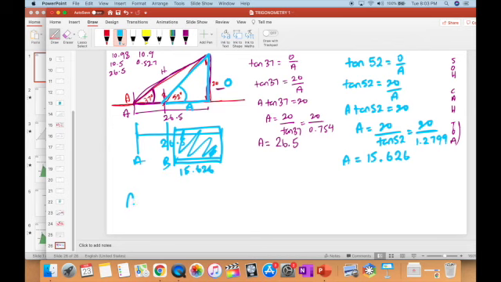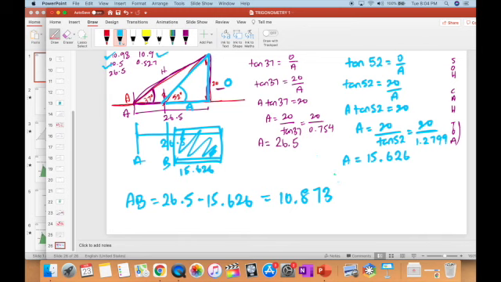So therefore AB is equal to 26.5 minus 15.626, which is 10.873. Right? So I would definitely say that 10.93 would get correct, 10.5 would get correct, 10.9 would get correct.